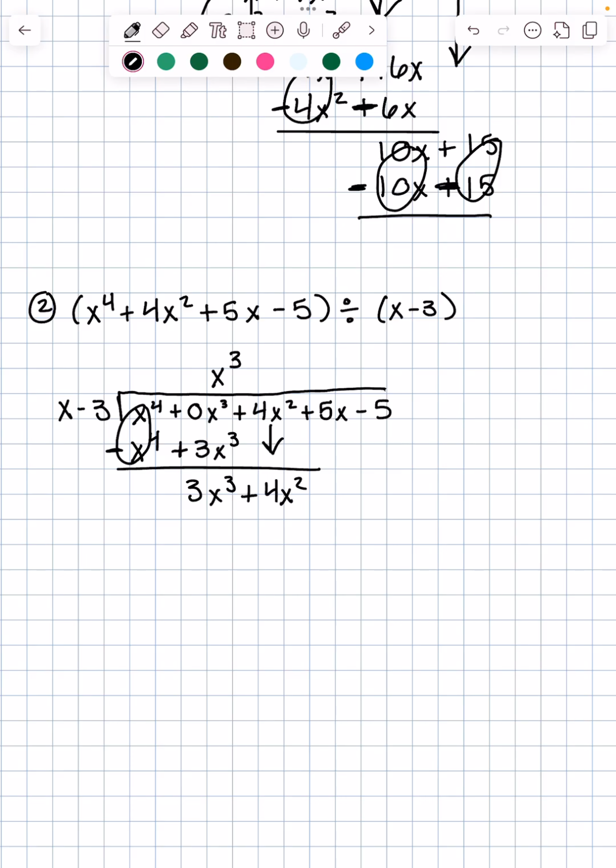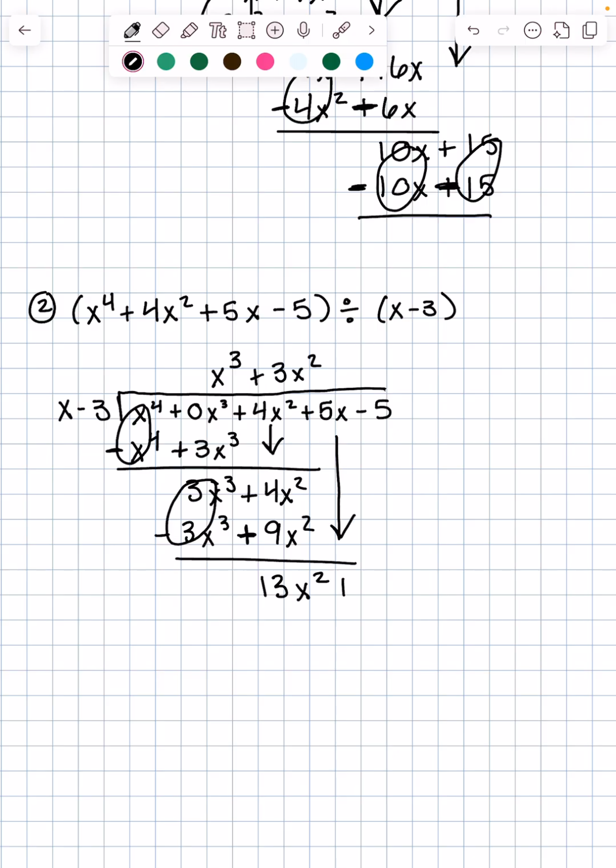What can I multiply by x to get 3x cubed? That would be plus 3x squared. And then I multiply. 3x squared times x is 3x cubed. 3x squared times negative 3 is negative 9x squared. And then we're subtracting that, so this becomes addition. That's 0, and then that would be 13x squared.